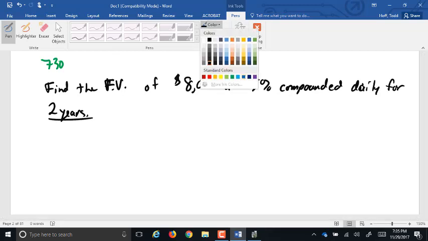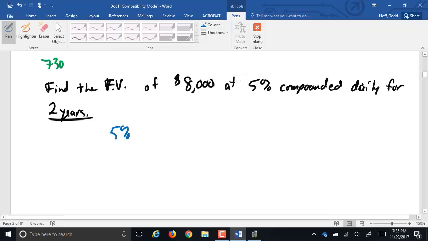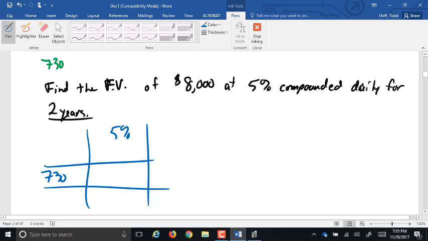So it is 5%, and it's 730, which gives us what little factor on the table here? 10.516335 is correct.